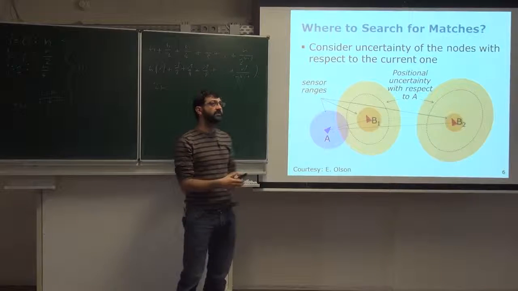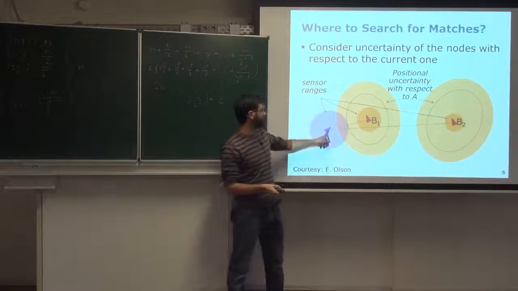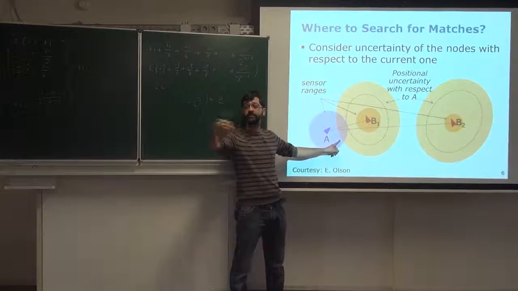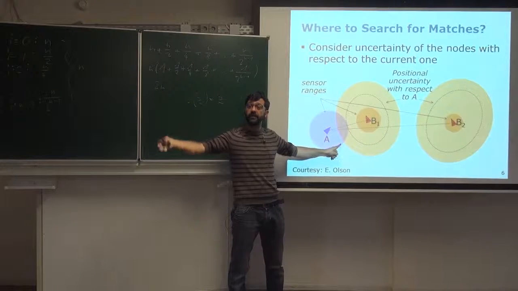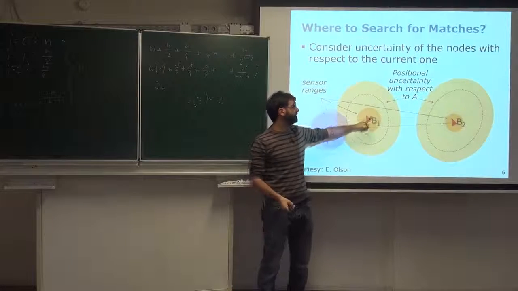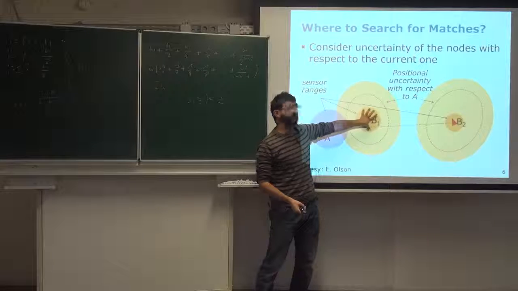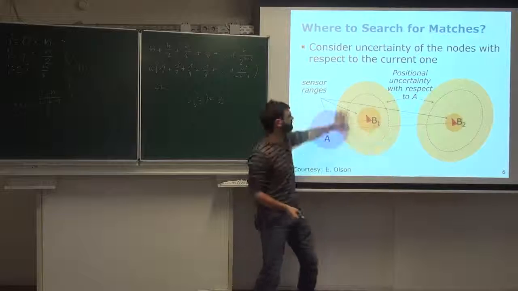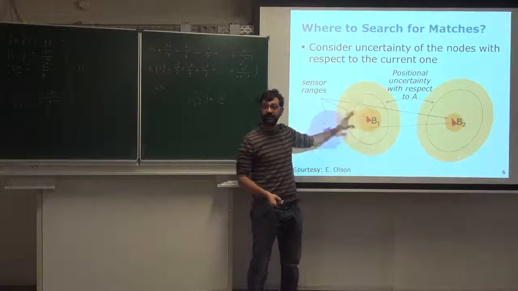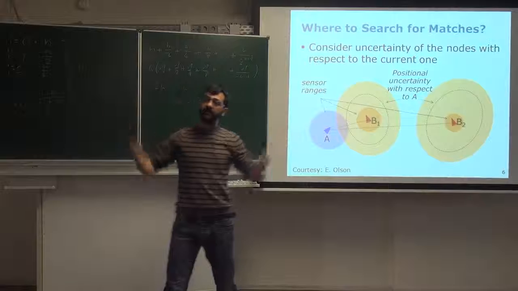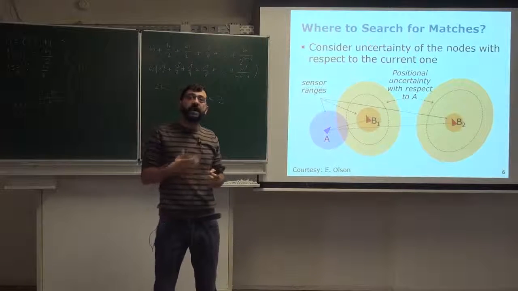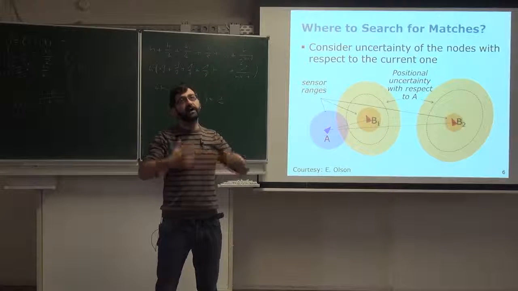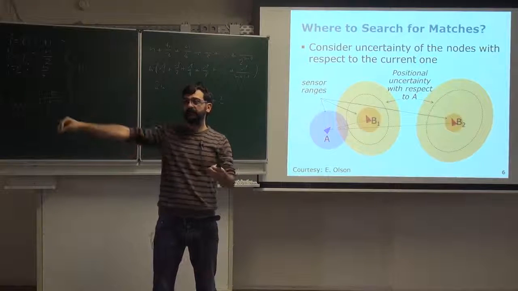Okay? So we can just say, let's assume the robot is here. It has this field of view. Then I go through each of the nodes in my graph and ask, where is the node? What's the uncertainty of the node? And then I take the sensor field of view of the node itself, and I put it all around in this area, and I get a larger area. This basically means I'm looking at which part of the environment could have been seen with high probability by that position in the world.